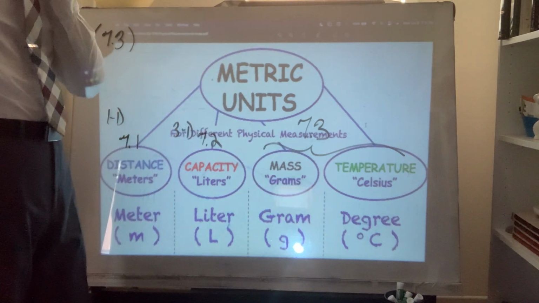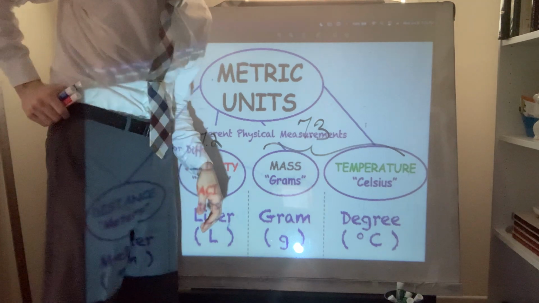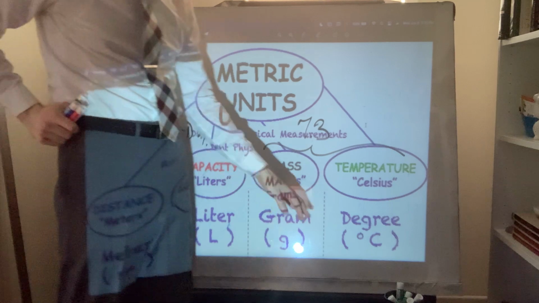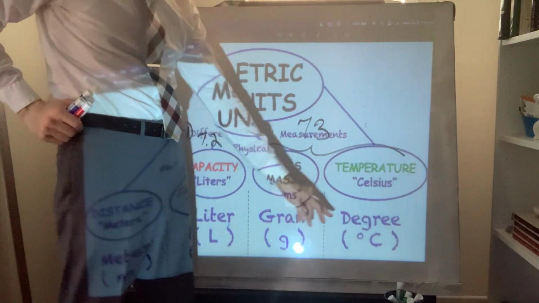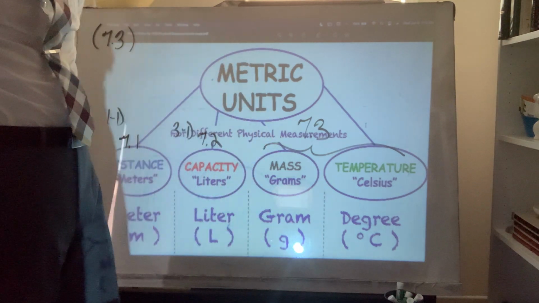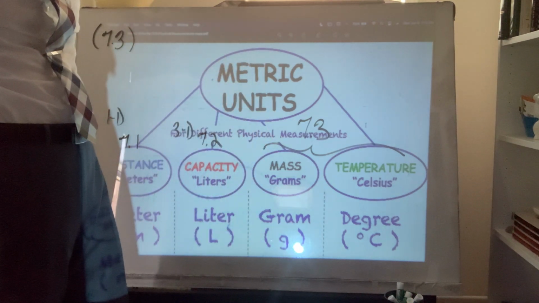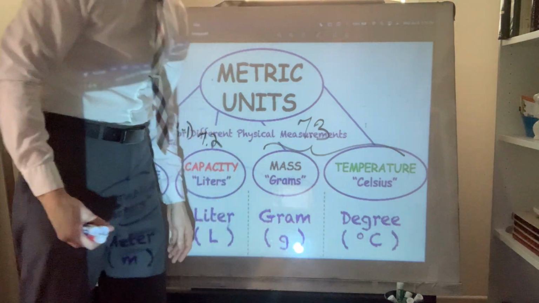Come to think of it, I've never seen millicelsius. When it comes to temperature, we don't do that. We don't have a millidegree or a nanodegree or anything like that. We just use the temperature scale, or we opt for a different temperature scale, which would be Kelvin.